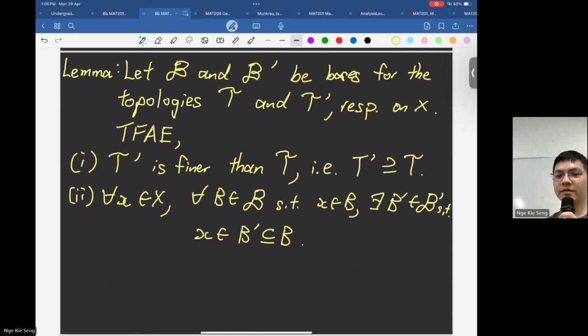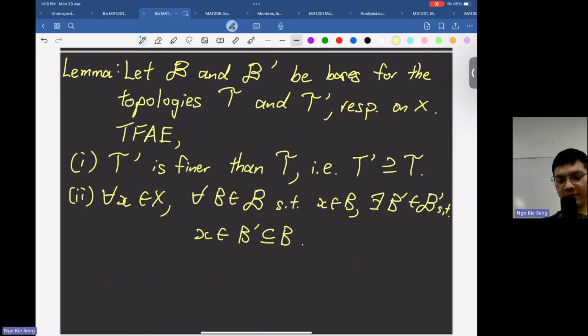This basis element is contained in B. Yeah, this is an open set, right? So it's like B is open in T prime.